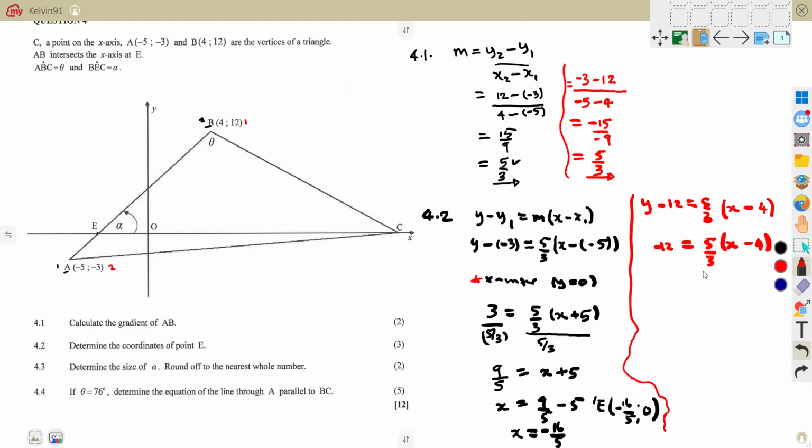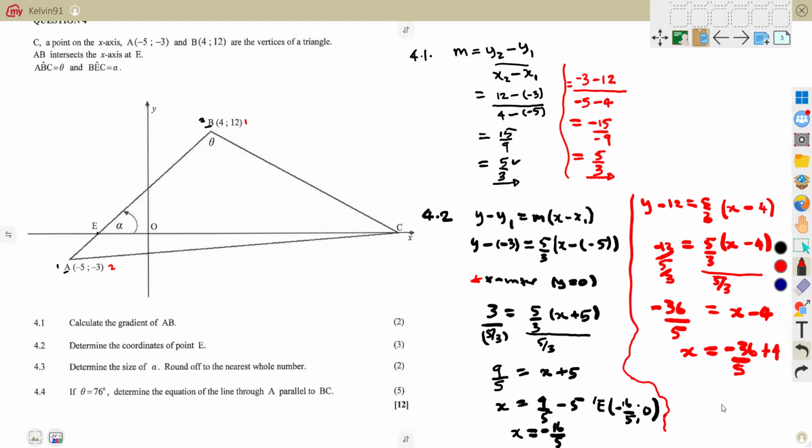We divide both sides by 5 over 3. Simply, we are going to get a negative 36 over 5 being equal to x minus 4. When we bring this here, our x is going to be equal to minus 36 over 5 plus 4.